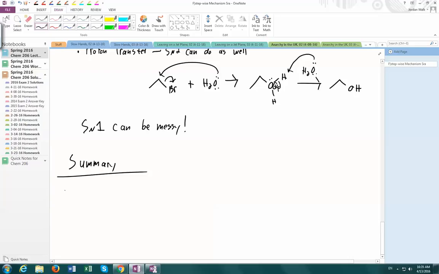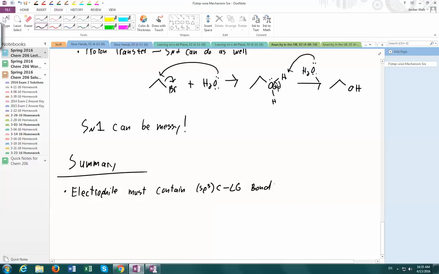So first off, if we're going to do some kind of nucleophilic substitution reaction, one thing we can say is that the electrophile must contain an sp3 carbon leaving group bond. And so that's going to be kind of the first point.